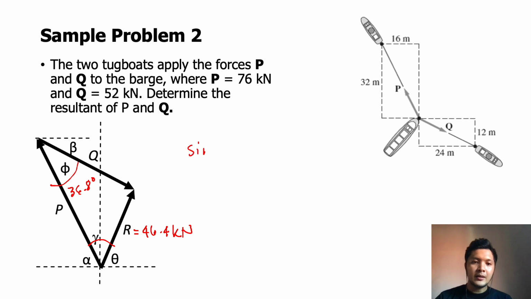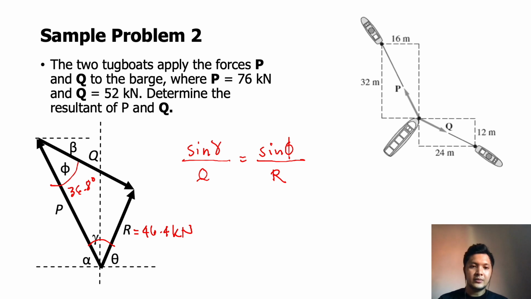So sine of gamma divided by the opposite side, q, which is 52, is equal to sine of phi, 36.8 degrees, divided by the side r, 46.4.